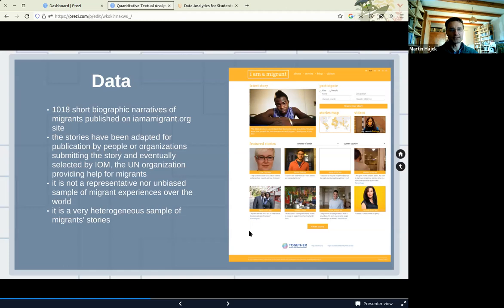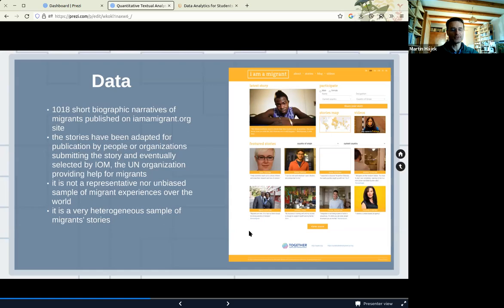Therefore, the website is not only a publication of narratives. The website has an educative purpose, to make people understand better the experience of migrants.